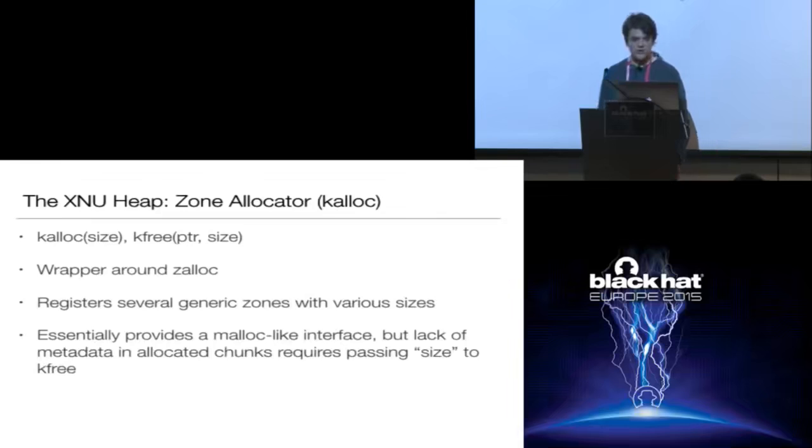Then there is kalloc, which is a more malloc-like interface to zalloc, which registers several zones with various sizes. The only difference between kalloc and malloc is that when you use free to free a block, you also have to pass in the size because, as I said, there is no inline metadata in allocated chunks, so free has to pick the right zone to free the allocation back to.